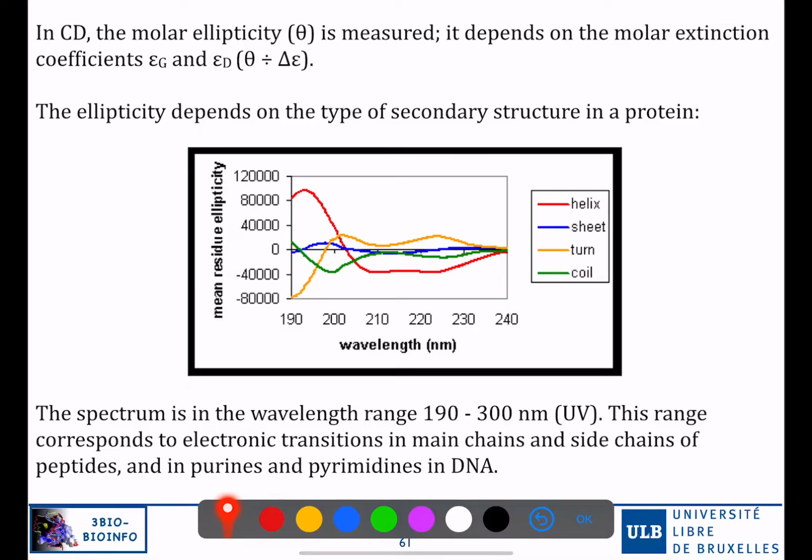You see that we take this spectrum in the range between 190 and 300 nanometers.